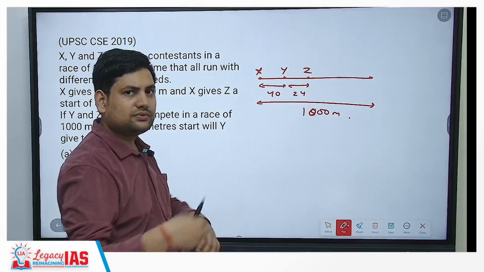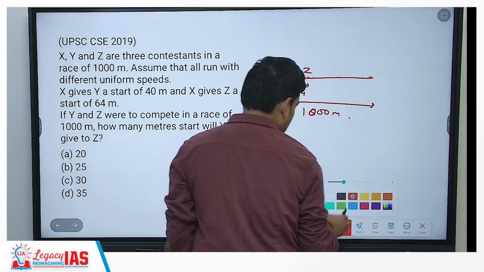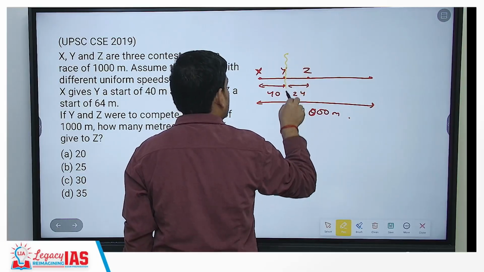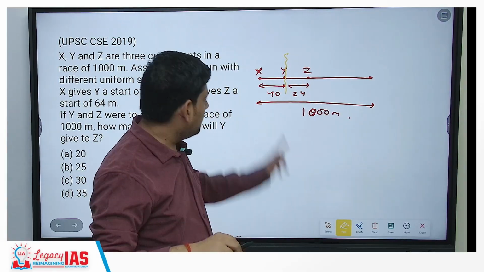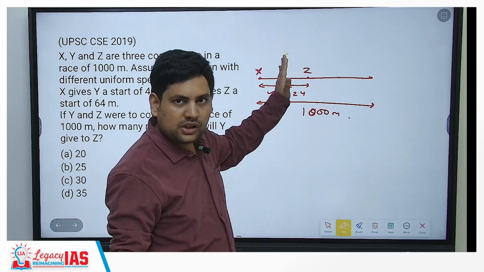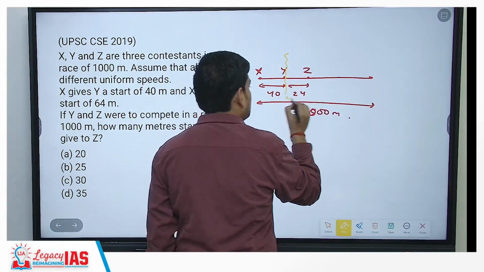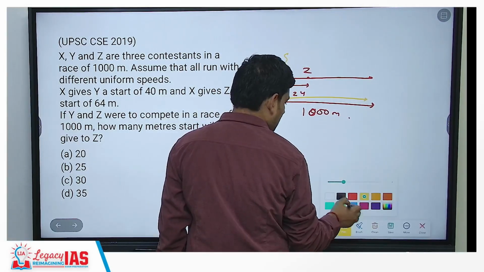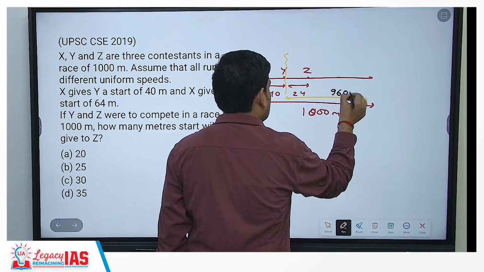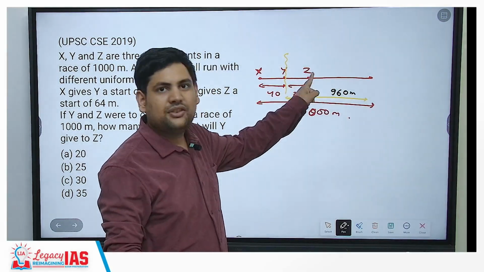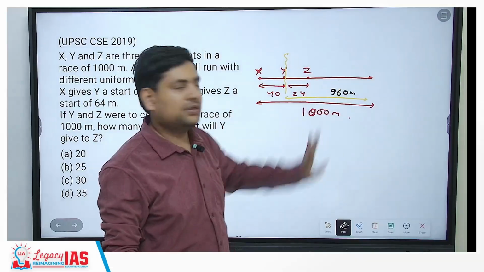Now if you consider this as a race, this is the starting point, correct? And it is going how many meters? 40 meters less. That means this is a race of 960 meters. So if this is a 960-meter race, then Y is giving Z a start of 24 meters.